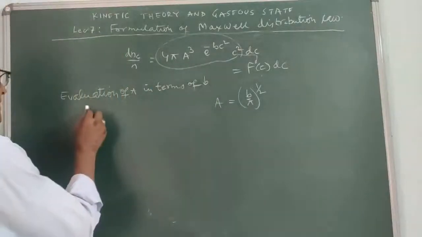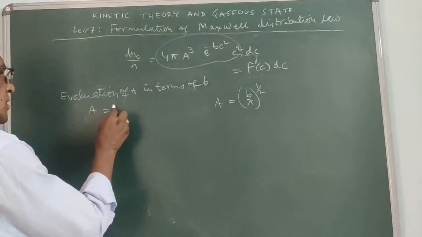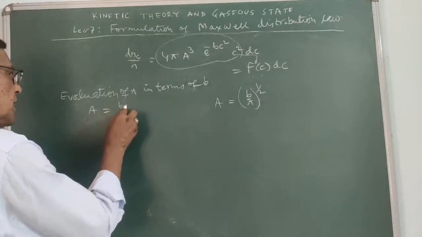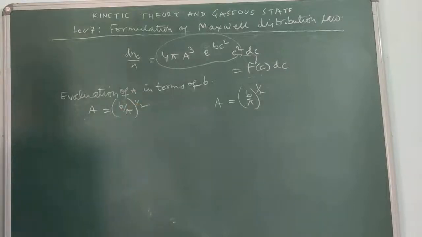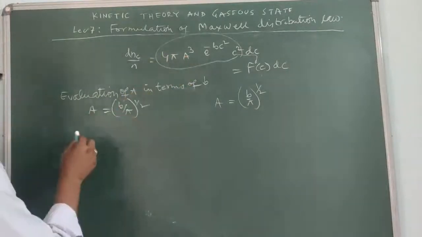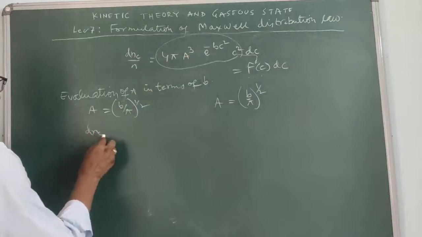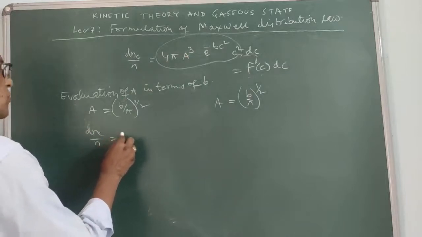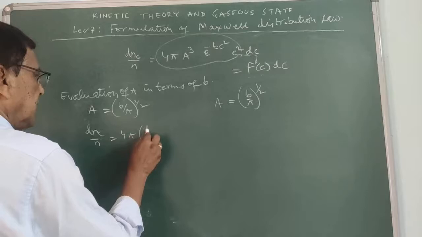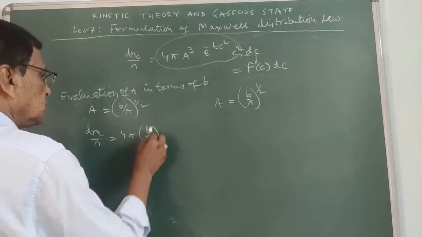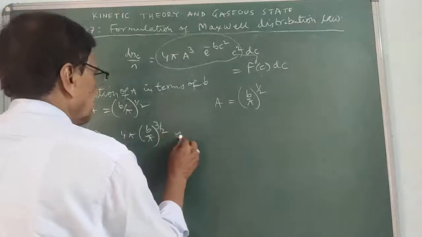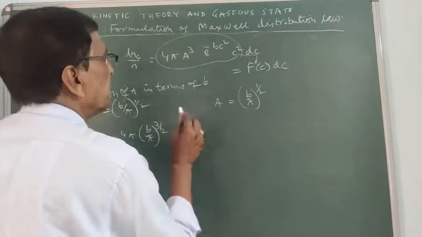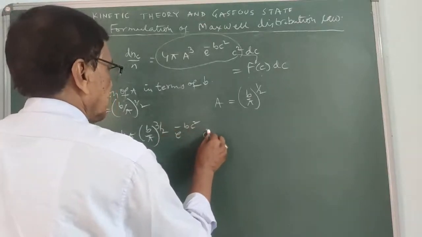If we put it here, then dn_c by n equals 4 pi into b by pi to the power 3 by 2, e to the power minus b c square, c square dc.